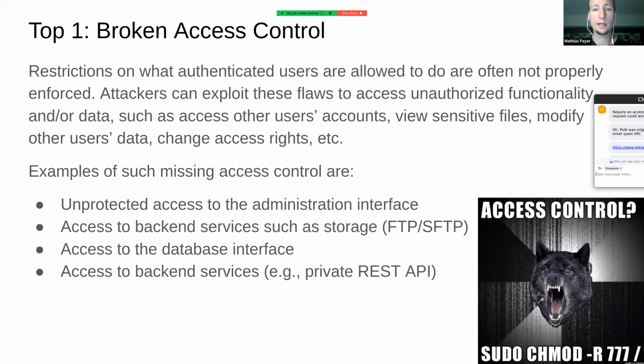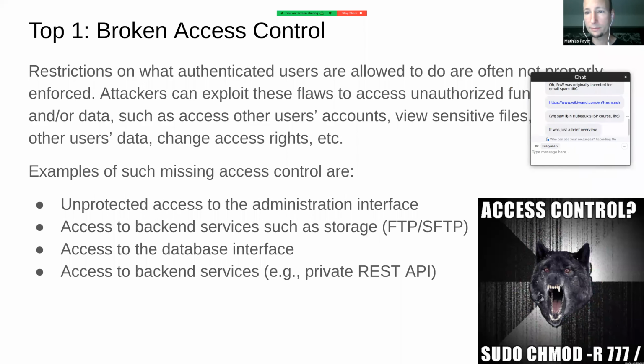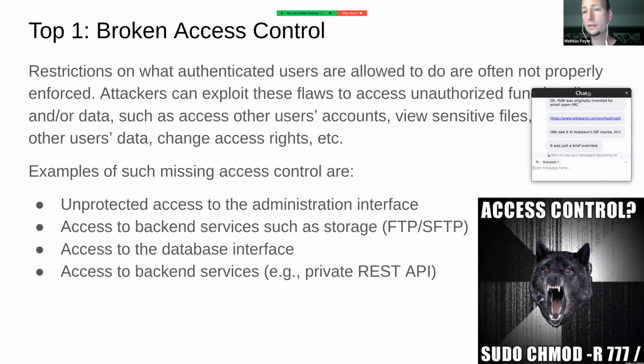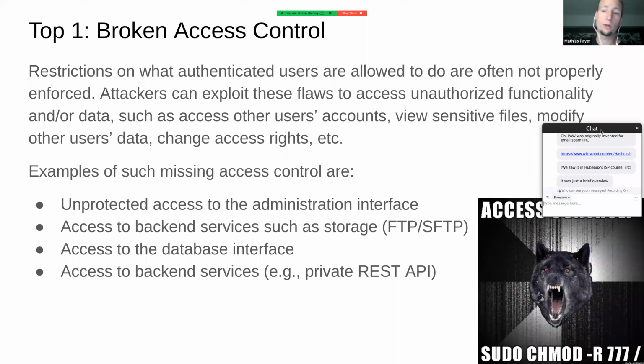Examples of missing access control are different forms of unprotected access to the admin interface, access to backend services such as storage, FTP, and so on, and access to database interfaces, backend services, and private REST APIs that control local information. So this is all possibly exposed.